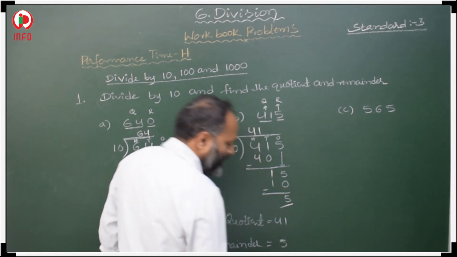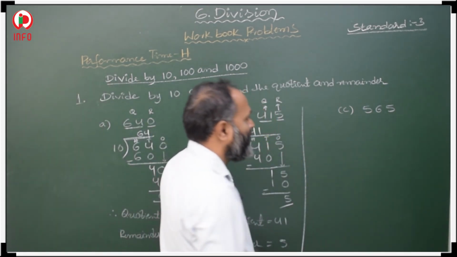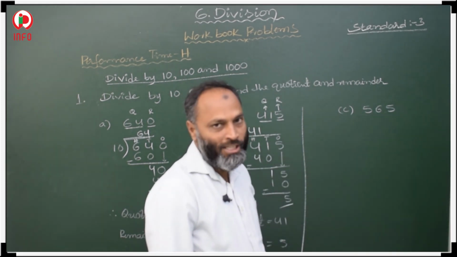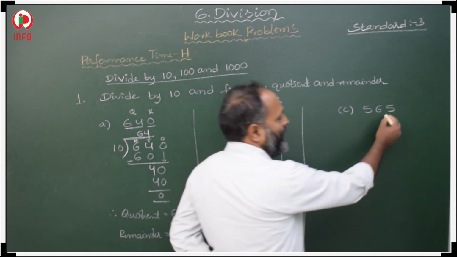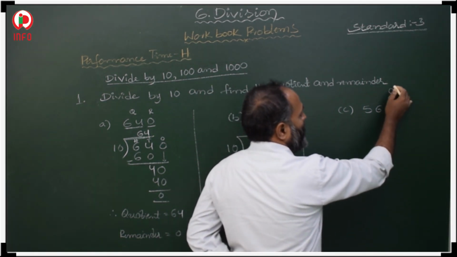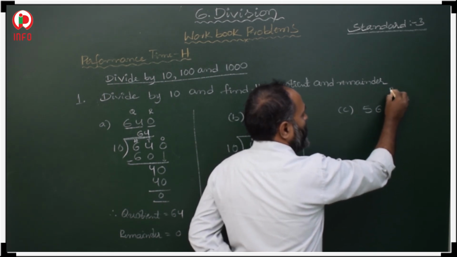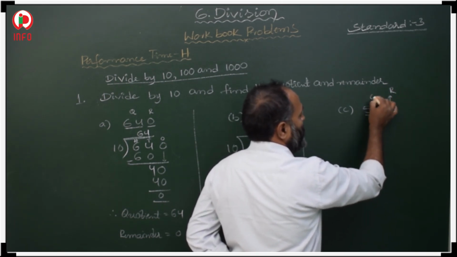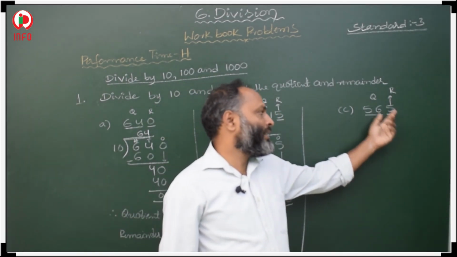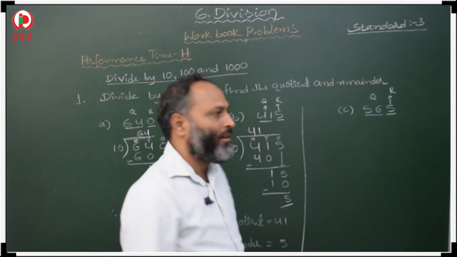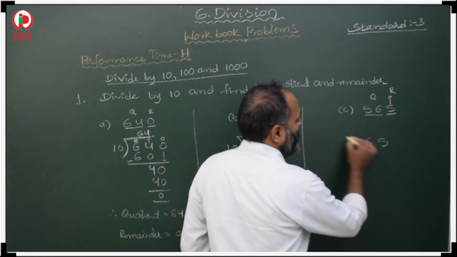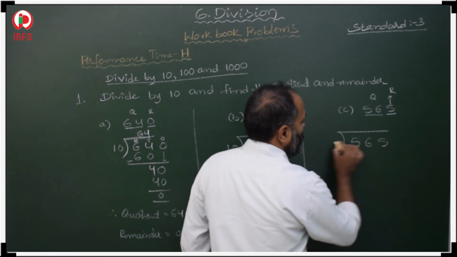Okay. Next, here without actually doing it also we can say what the quotient and what the remainder is when we divide with 10. So the last ones place is our remainder and the rest of the places are the quotient. Once you check, 56 is our quotient and 5 is our remainder. Once you check by dividing, 565 divided by 10.